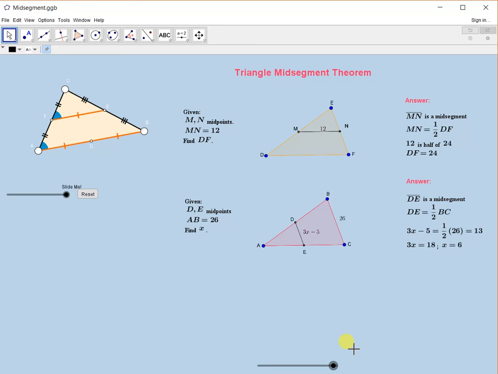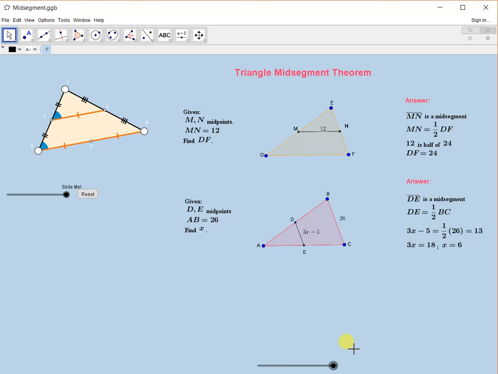So DE is the midsegment, which then means that DE equals half of the measurement of BC, which if we do a replacement of the segment, 3x minus 5 is equal to half the length of 26.